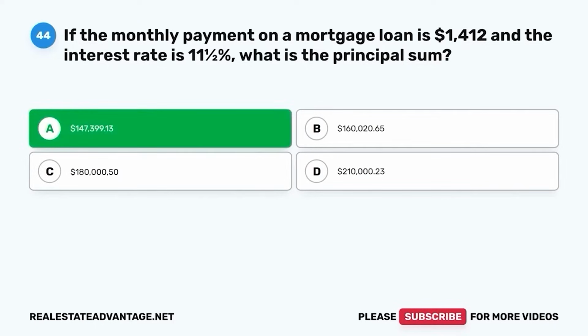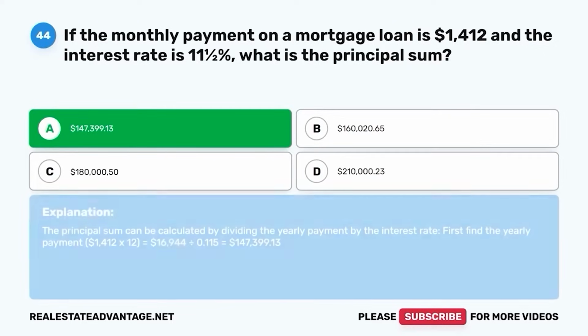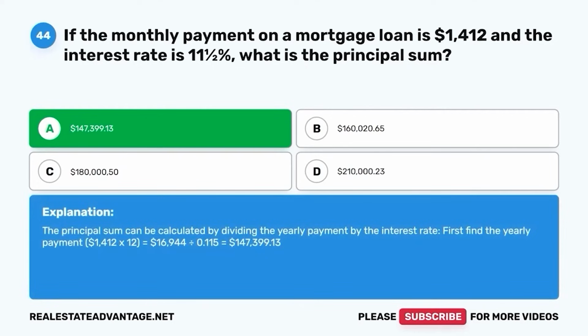The correct answer is A, $147,399.13. The principal sum can be calculated by dividing the yearly payment by the interest rate. First, find the yearly payment. $1,412 times 12 equals $16,944, divided by 0.115 equals $147,399.13.